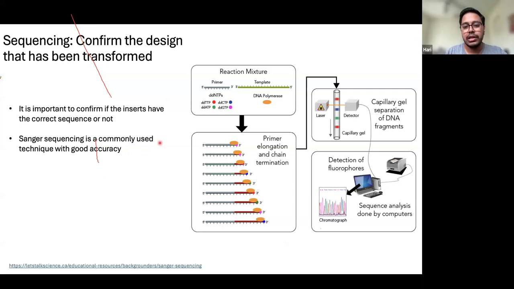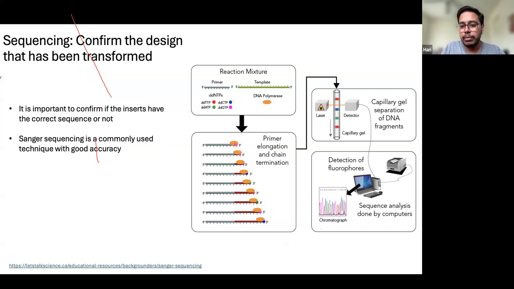So the sequencing is done using a simple mechanism where they use certain types of nucleotides which, if that nucleotide is attached to the strand during the DNA polymerase elongation step, will terminate the elongation right there.